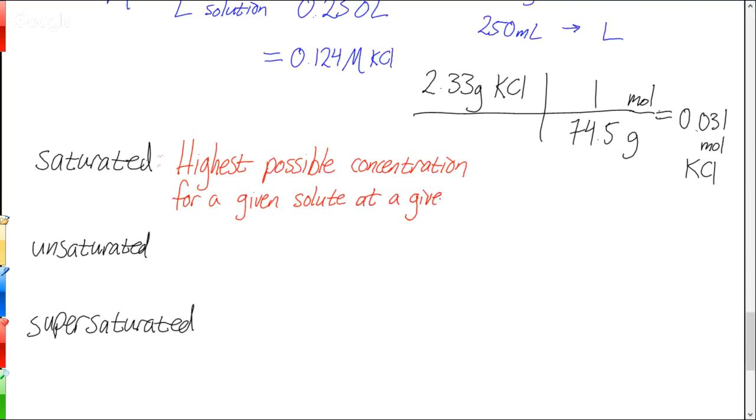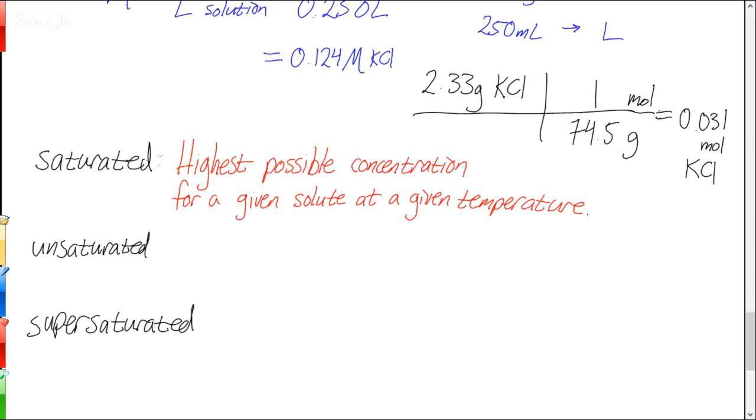And we also should note that this is at a given temperature. Because solubility, the ability for something to dissolve in something else, changes with temperature. Different solutes are different. Salt, for instance, doesn't make much of a difference how hot or cold it is. Solubility doesn't change that much. But sugar, it changes a whole lot.